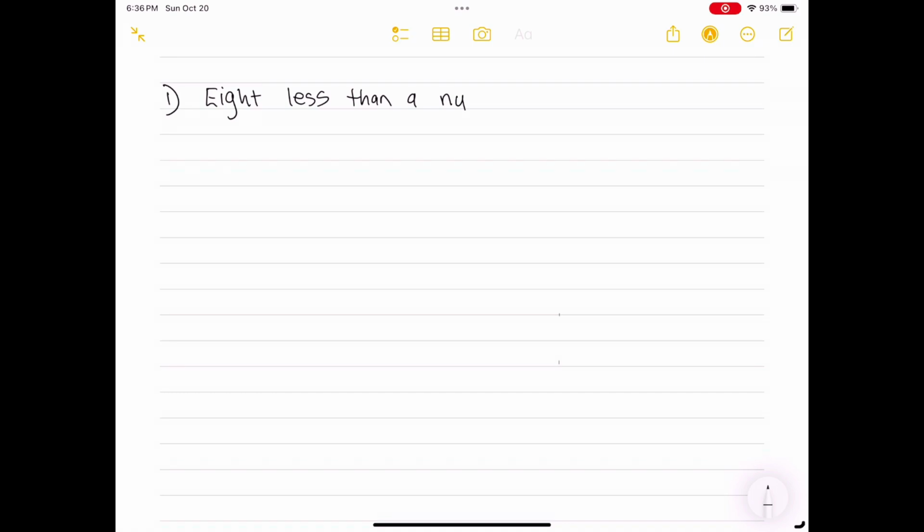Example 1. 8 less than a number is 18. Find the number. I will start by assigning the letter n as the variable to represent the unknown, or the number we are solving for. And I do so by writing up on the very top, n equals number.